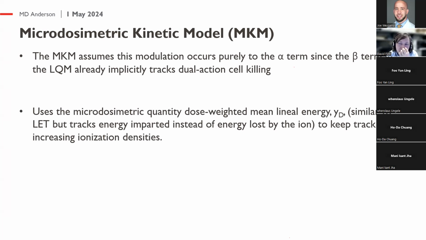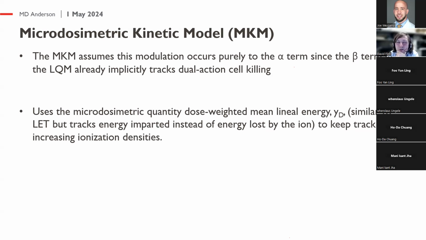The next thing it does is it uses a microdosimetric quantity to track changes in ionization density. So this parameter, the dose-weighted mean lineal energy, or YD here, is a microdosimetric quantity. It's similar to LET, but it has some subtle differences. The main thing is it looks at energy imparted as opposed to energy lost by the ion.